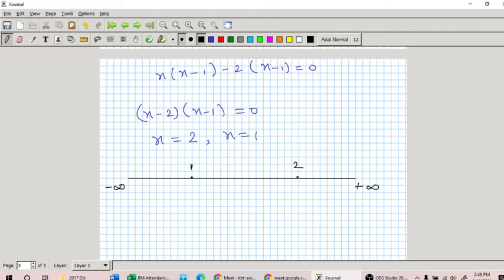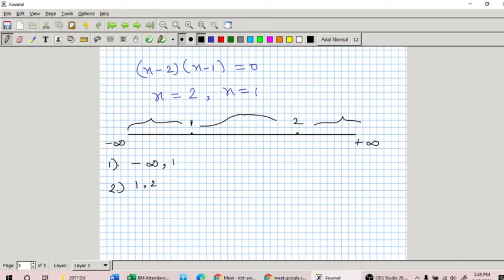So now we have three intervals. One is this interval, second is this interval, and the third is this interval. So one interval is minus infinite comma 1, second is 1 comma 2, and the third interval is 2 comma plus infinite.